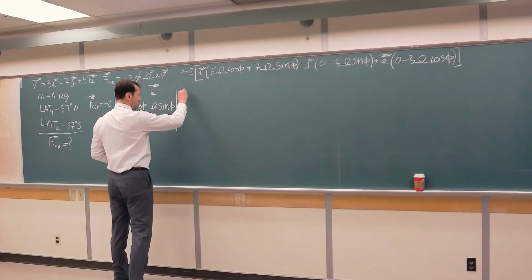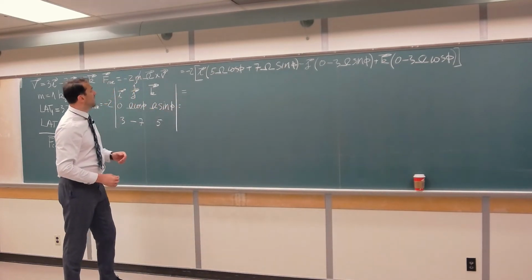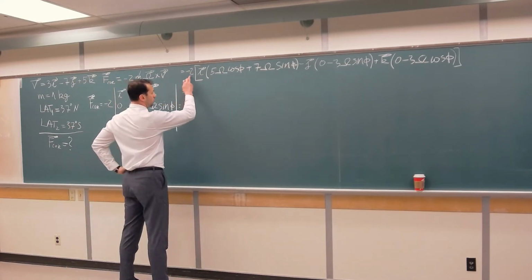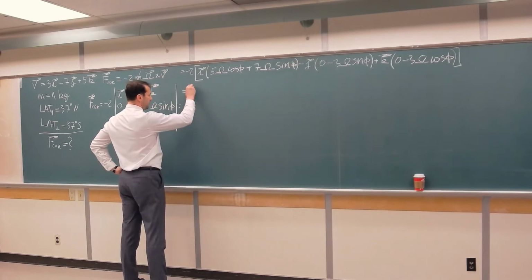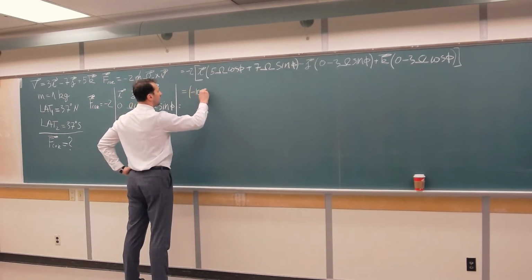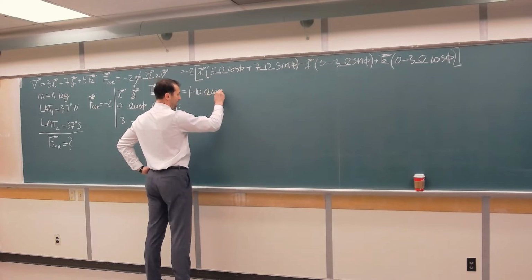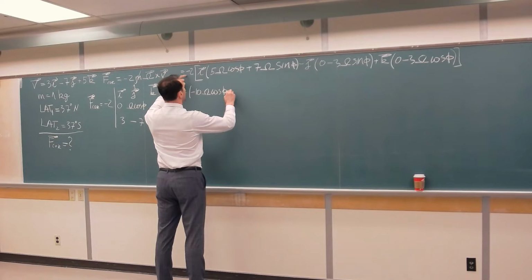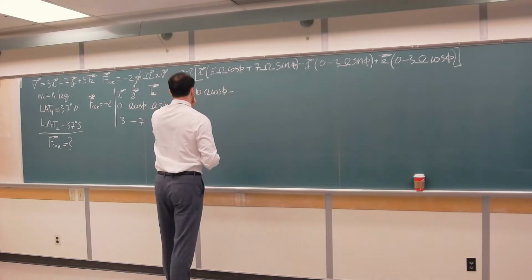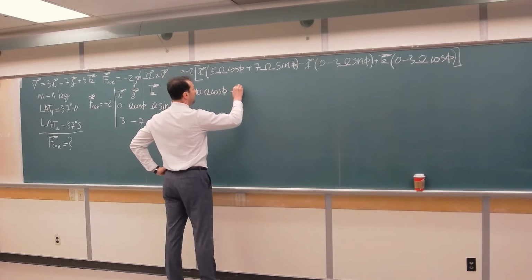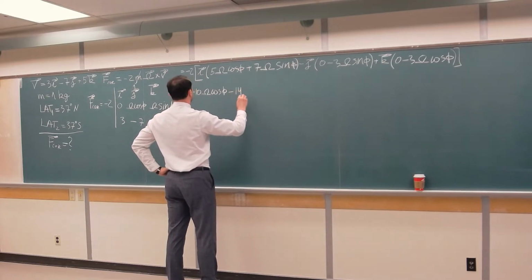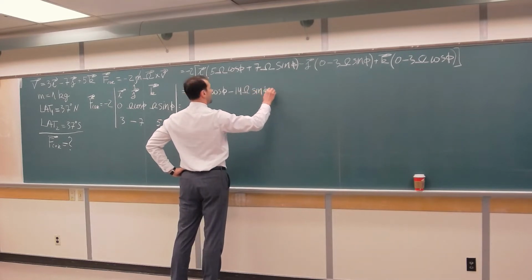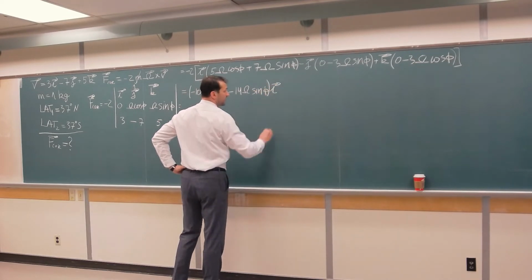And now we just need to multiply all these terms with this negative 2. So 2 times 5 will be negative 10 omega cosine phi minus 2 times 7 is 14 omega sine phi, and that will be in the i direction.